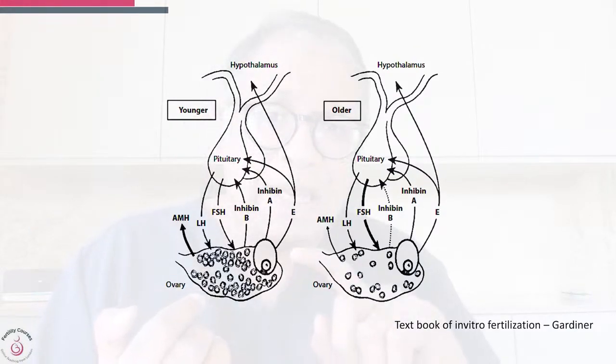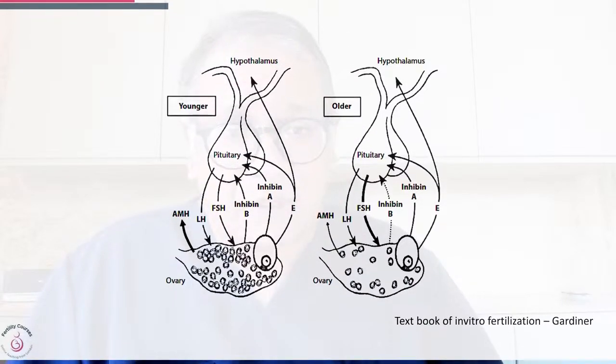What you see is that as the ovarian reserve is on the decline, you start seeing an increase of FSH coming up, and that's how the ovary tends to function.